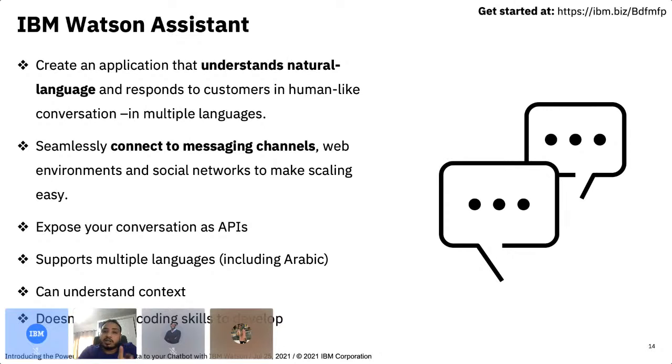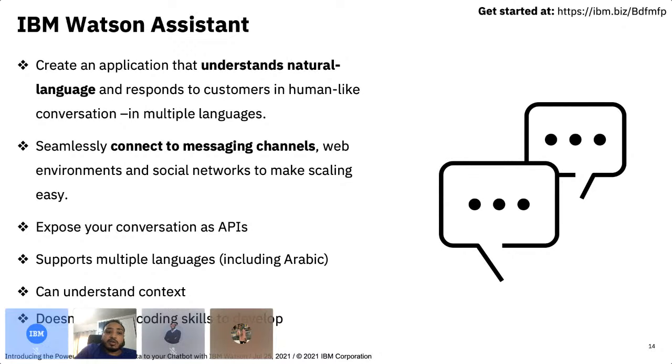Then, using the configuration we have inside the assistant, it's going to direct it into a flow, trying to fulfill the user's requirement or give him the answer he wants in the fastest way possible.